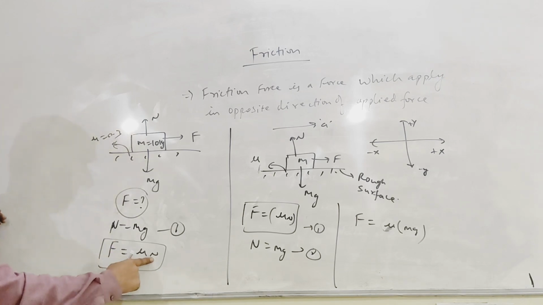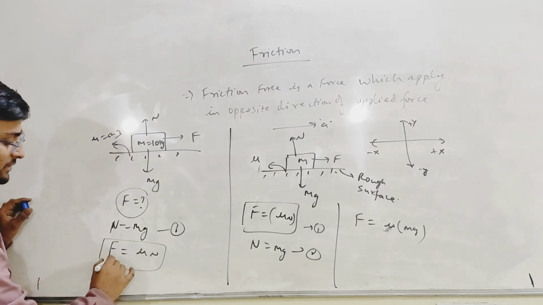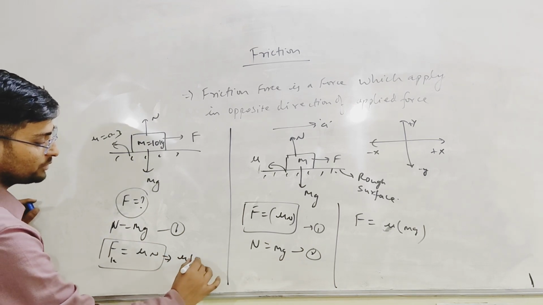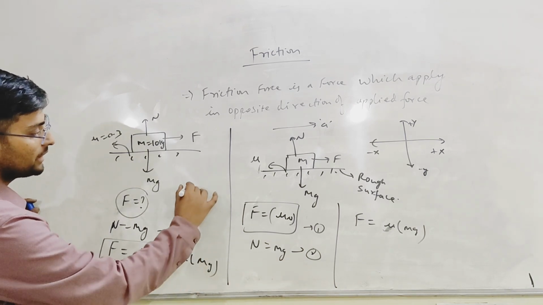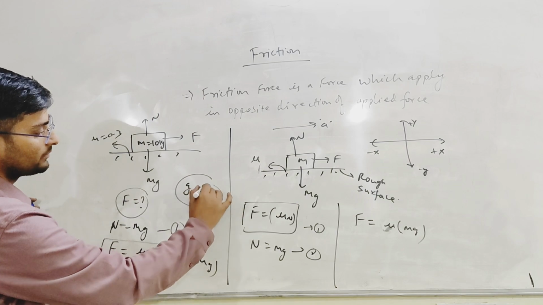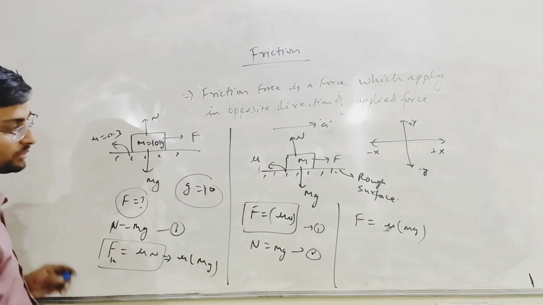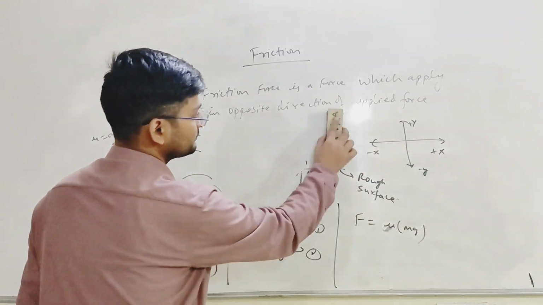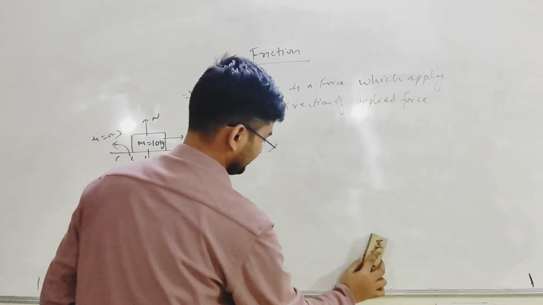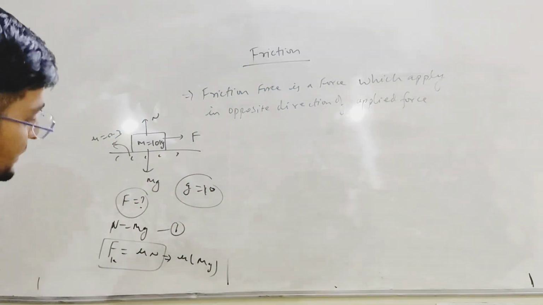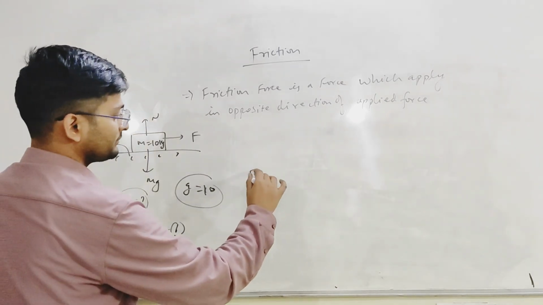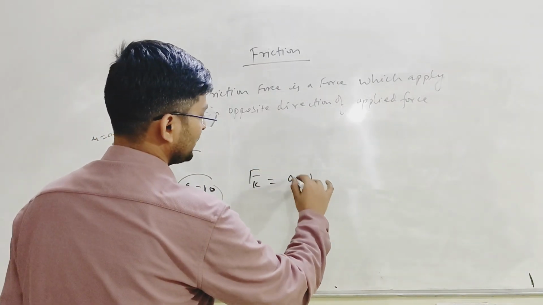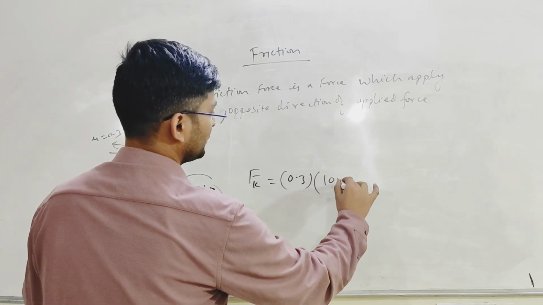So when we apply the value of this frictional force, this is kinetic friction. Here N is equal to mg, so F is equal to mu mg. Consider here g is equal to 10. So F kinetic is 0.3 into 10 into 10.